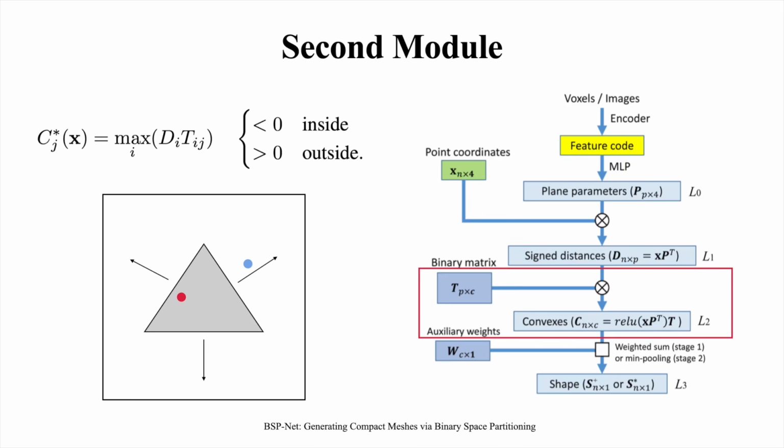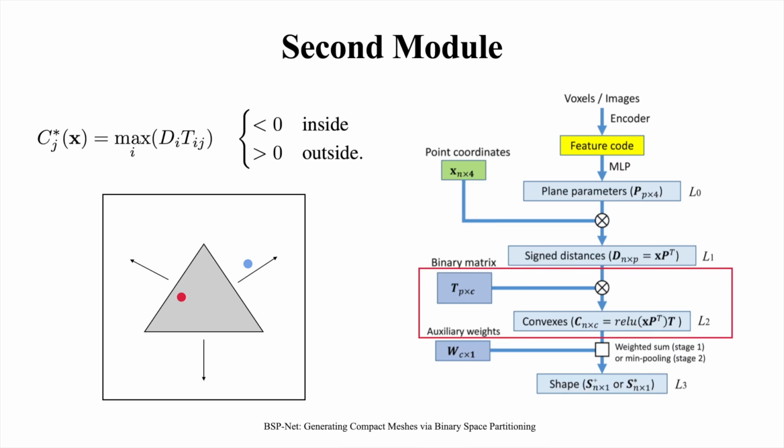But if a point is outside the convex, then at least one of its side distances to the convex sides would be a positive number. So using this observation, the author proposed this equation to tell the point's position relative to the convex. If the maximum side distance to the convex is negative, then it's inside the convex. In contrast, if the maximum side distance is positive, then it's outside the convex.